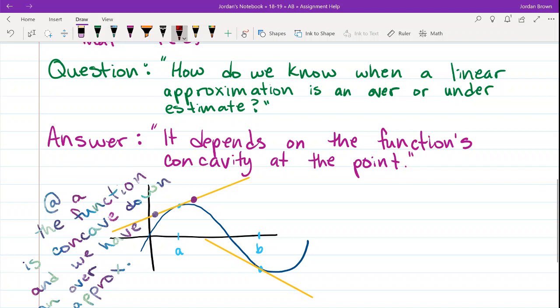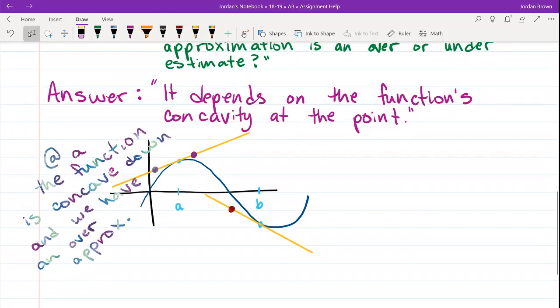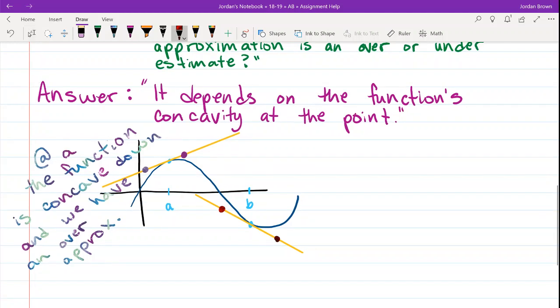Versus if we were to look at B, this point is underneath the curve. You agree? And if we look at any other point on this line, say like this one, it's still underneath the original curve.